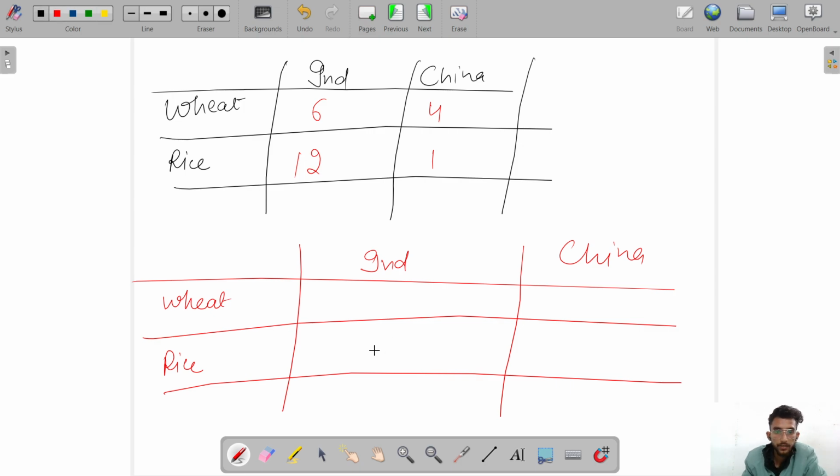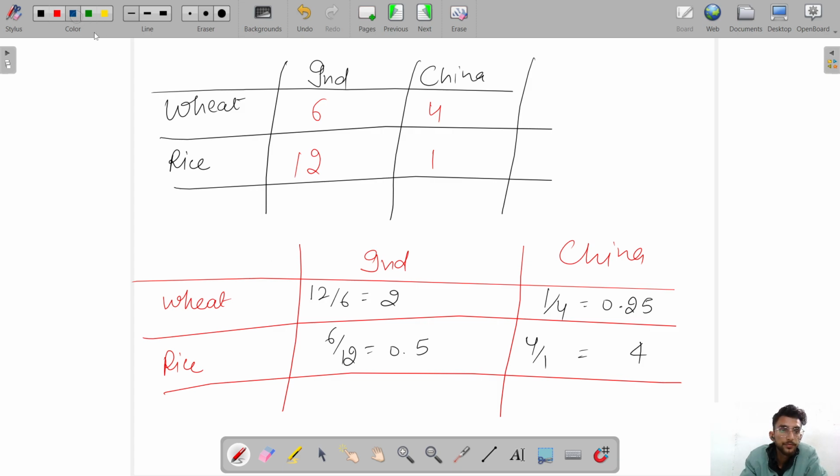Let me change the color first. Here we can see 12 by 6 is equal to 2, 6 by 12 is equal to 0.5. 1 by 4 is equal to 0.25. 4 by 1 is equal to 4.